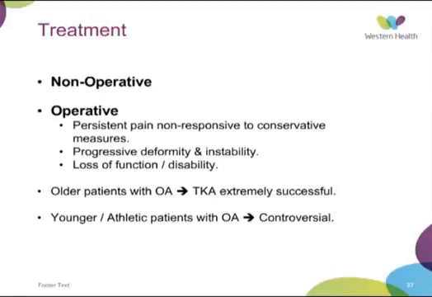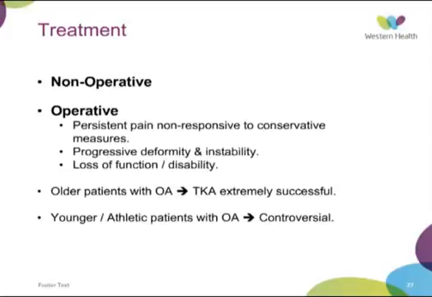In terms of treatment, again, with orthopedics, there's the operative side and the non-operative. With operative, I guess when a patient has persistent pain that's not responsive to any conservative measures, you may consider an operative approach if there's progressive deformity or instability, and if the patient has a loss of function or disability.